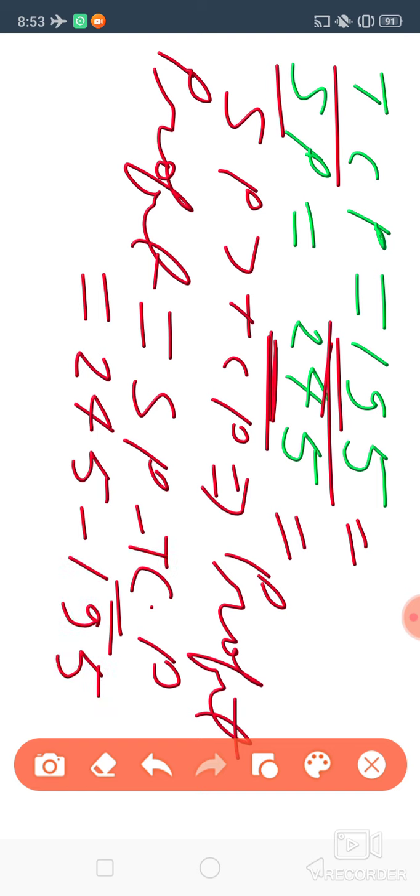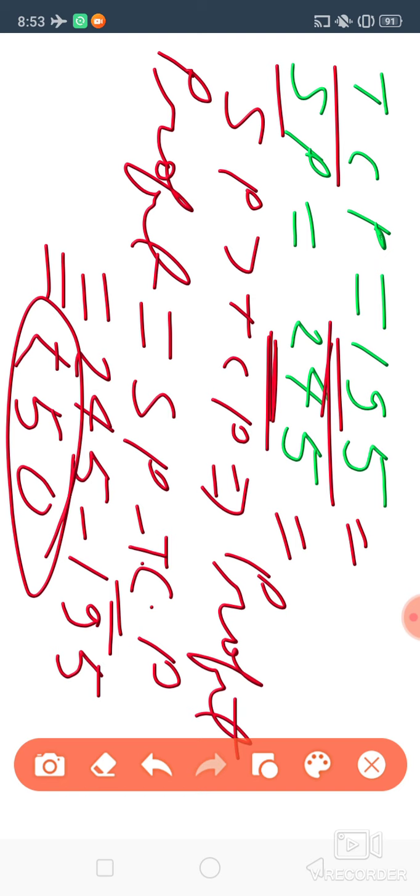Now from 245 we'll subtract 195, then how much will we get? 245 minus 195, after subtracting we'll get 50. So 50 rupees is your profit.